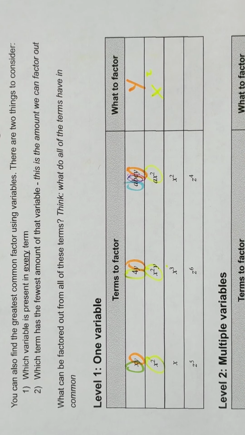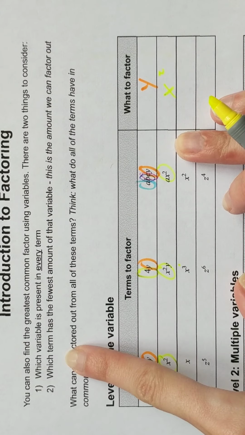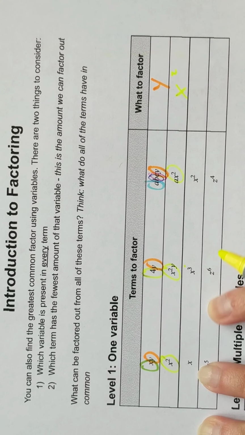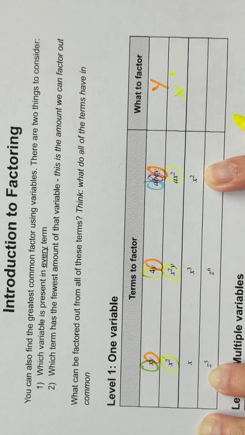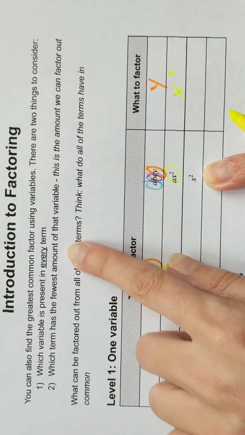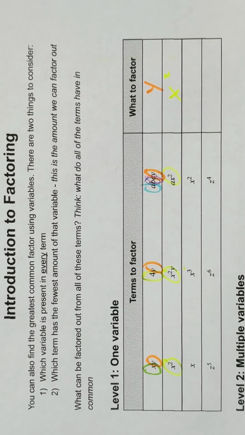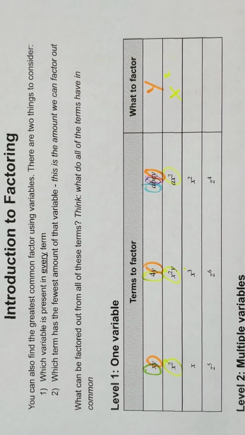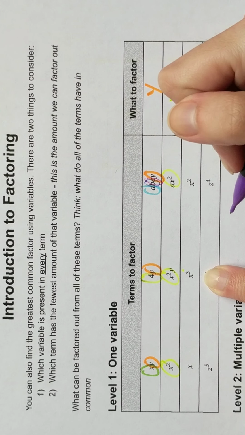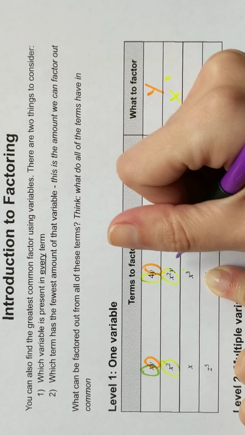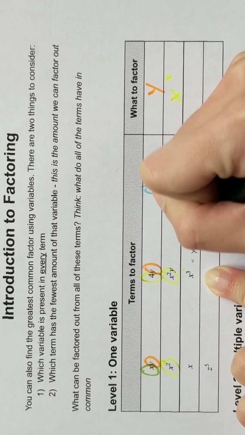Our next level here, we need to think about that second step. Okay, we can see we have x's across the board. I have an x, x cubed, and x squared. Which term has the fewest amounts of that variable? So I can think here that this is 1x. In my next, I have 3 x's.